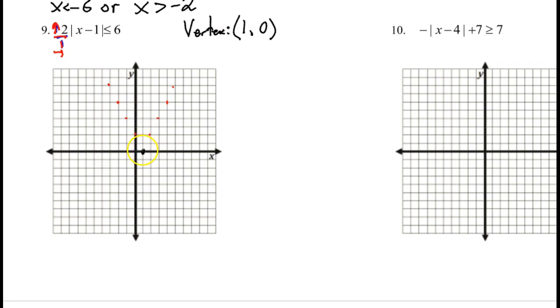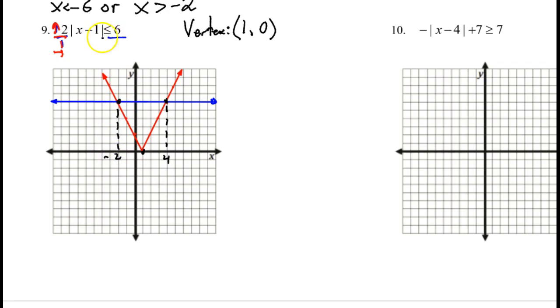Okay, straight edge. And our answer line is at 6. So 1, 2, 3, 4, 5, 6. There we go. So two answers here. We're going to have answers at 4 and -2.